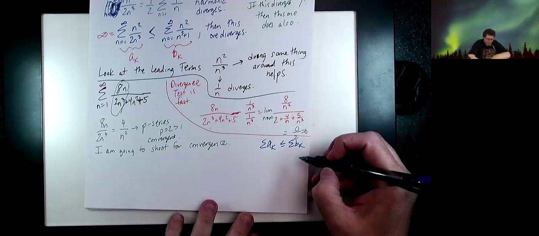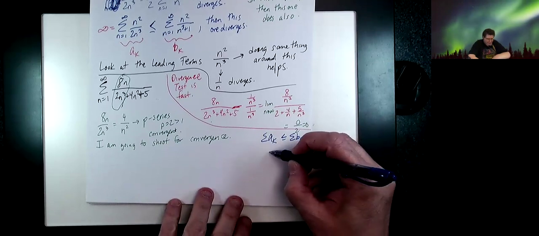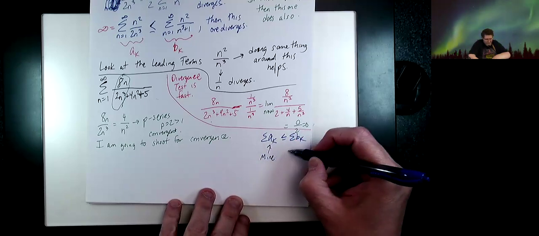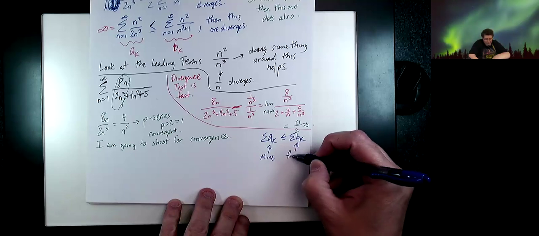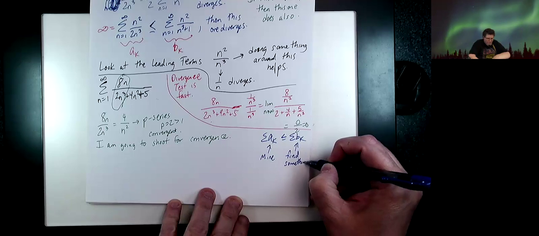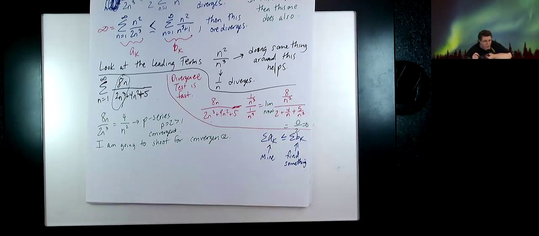I want to make mine this one, and find something that works here. So I want something that's larger, because if the larger thing converges, then the smaller thing converges.